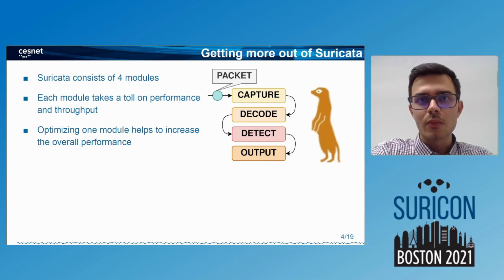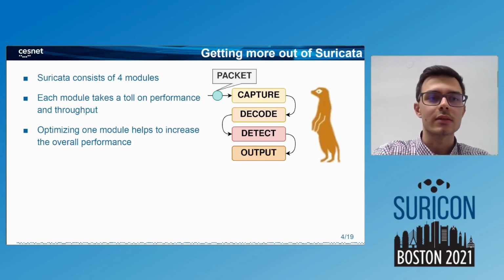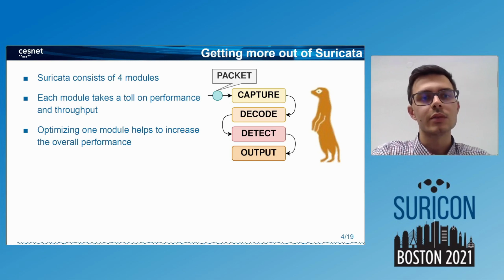Now, to get more deeply into what's ahead of us, we will briefly go through the Suricata architecture. Suricata consists of 4 modules, as we can see on the right: capture, decode, detect, and output modules. Each module consumes some of the resources that the server has.